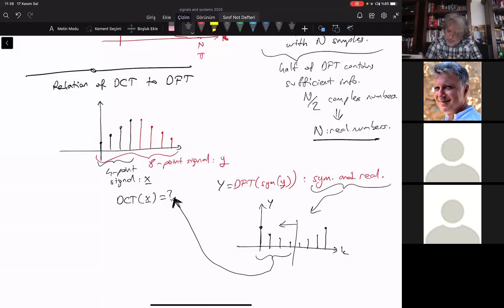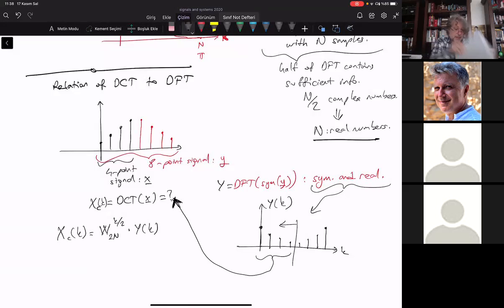So the X sub C, this one, the DCT of X, is not really Y of K, but it is within the shift, like this. It's W sub 2N to the power K over 2 times Y of K. I have to tell you what W is. It's a complex exponential expression.